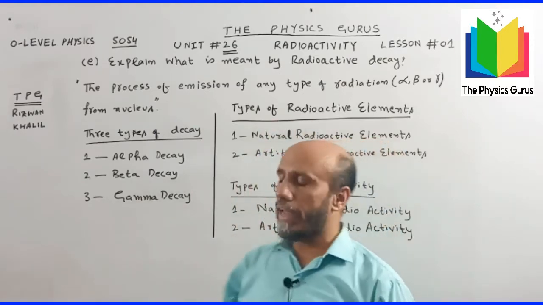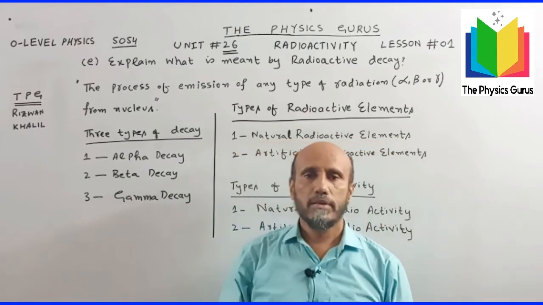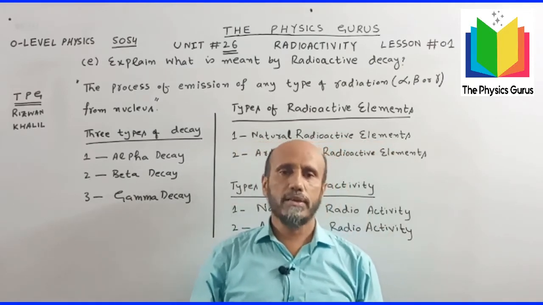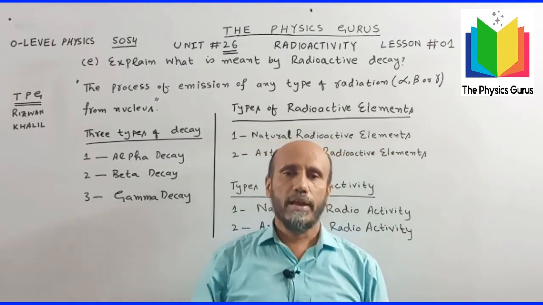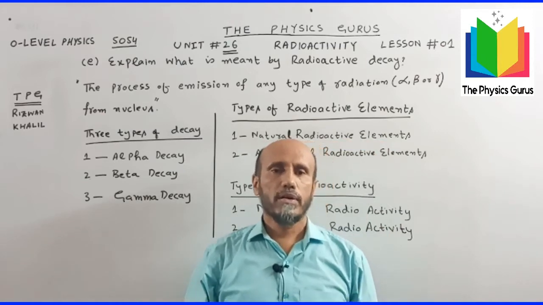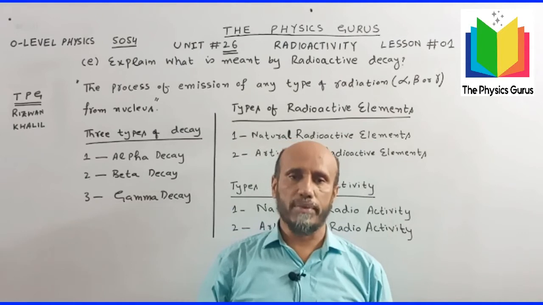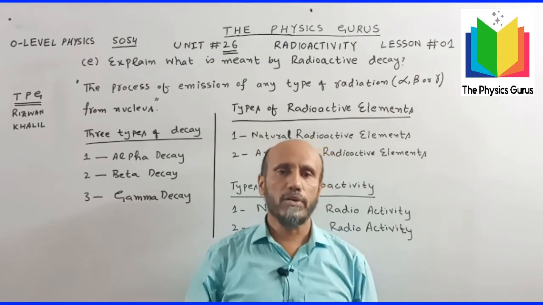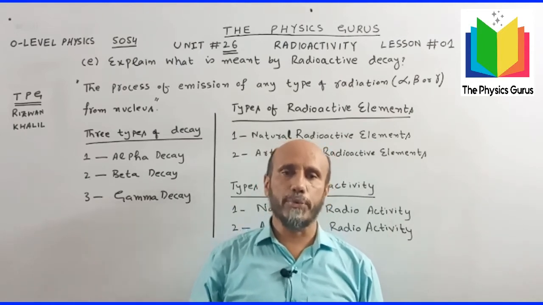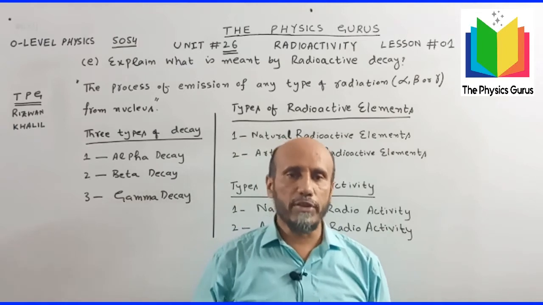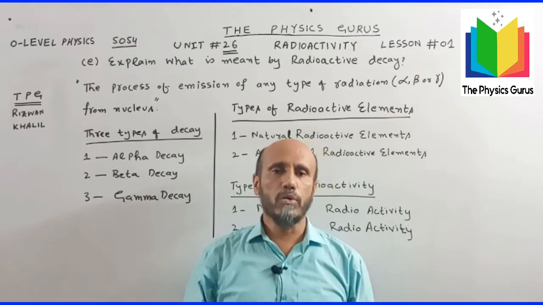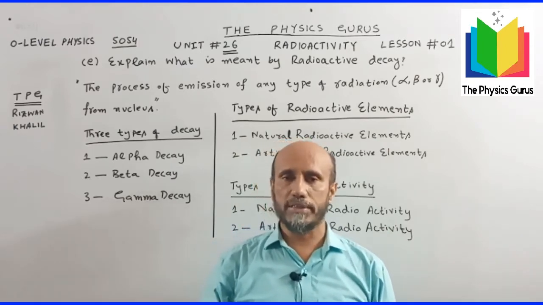Also, there are two types of radioactive elements. One is called natural radioactive element, and the other type is called artificial radioactive element. So how many types of radioactive elements are there? Two. Number one, natural radioactive elements, and number two, artificial radioactive elements.